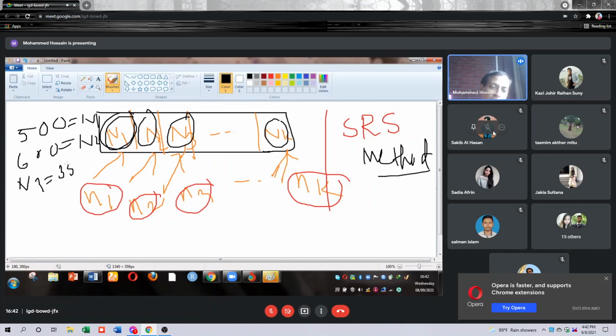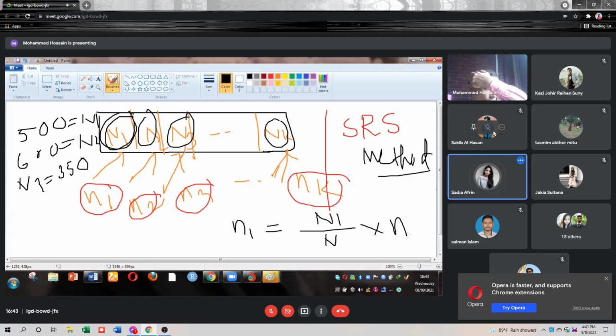So do you think you will take the same number of samples from each subgroup? No. You should apply the formula. What is the formula? Yesterday I discussed it. N1 divided by capital N into small n. This is the formula.